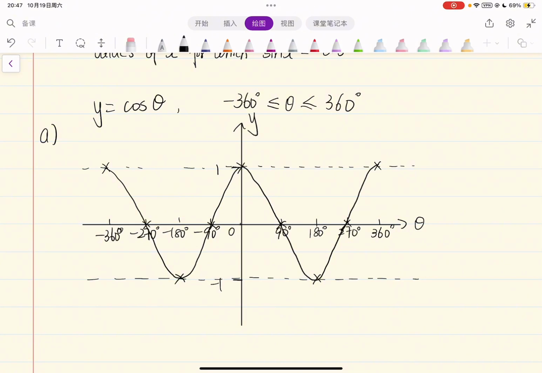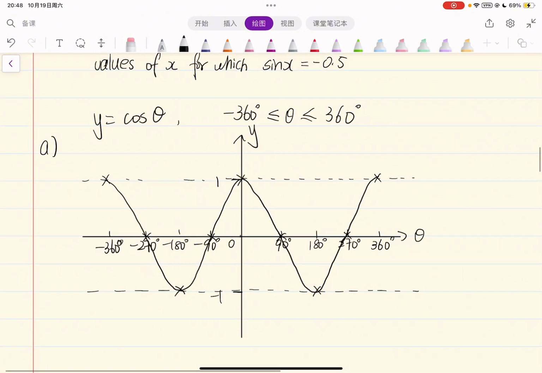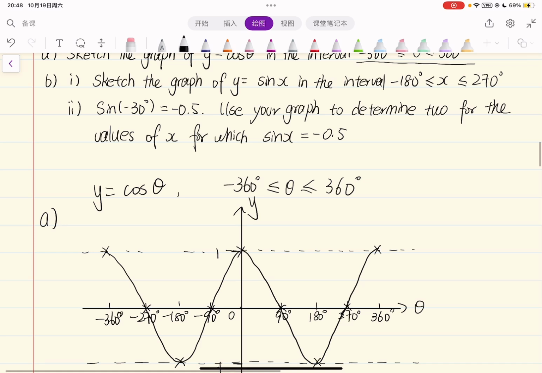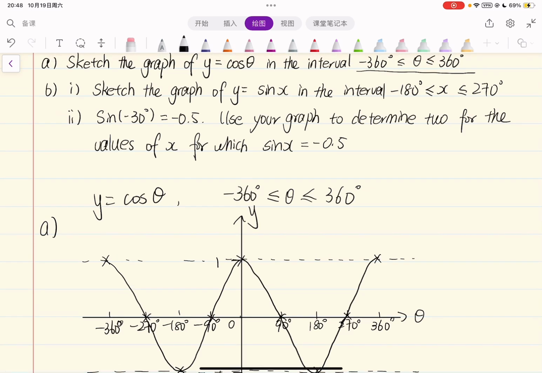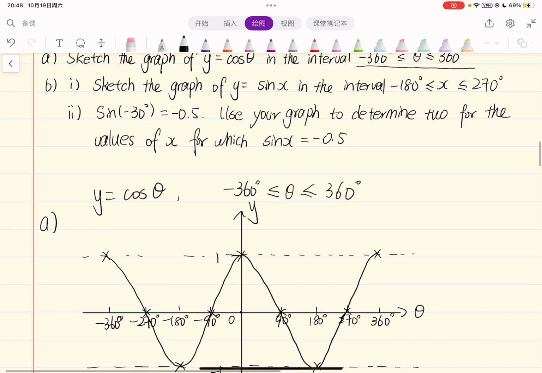So we've done the part A question. Now let's look at part B question. It asks you to sketch the graph of y equals sine x in the interval x greater than or equal to minus 90 degrees and also less than 270 degrees.